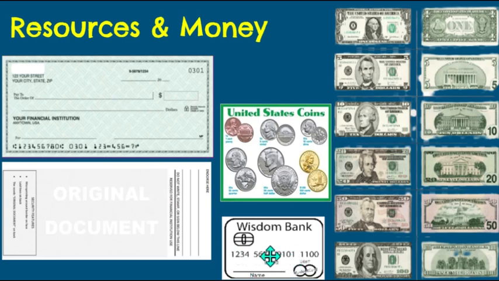We also have credit cards where the credit card itself isn't the money, but when you swipe it, that invisible money gets transferred to people. There's now other types of invisible money that you can have on your phone, such as apps like Cash App or Venmo. And that is another way to transfer invisible money.